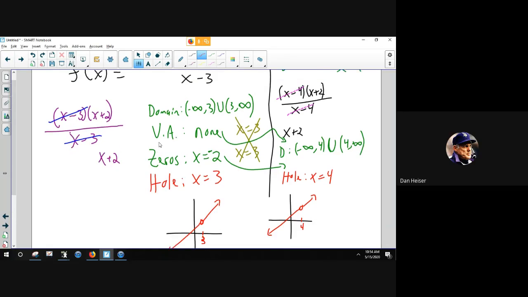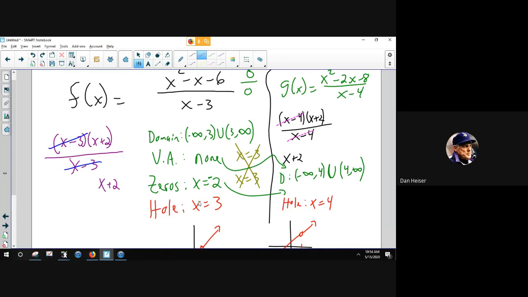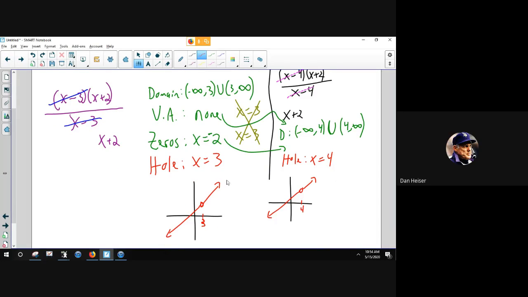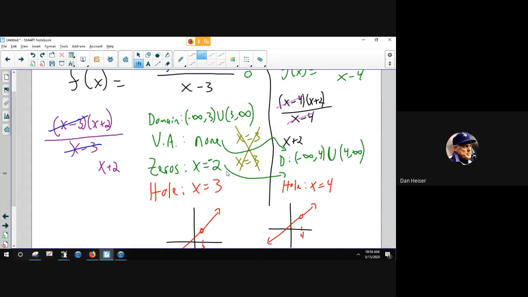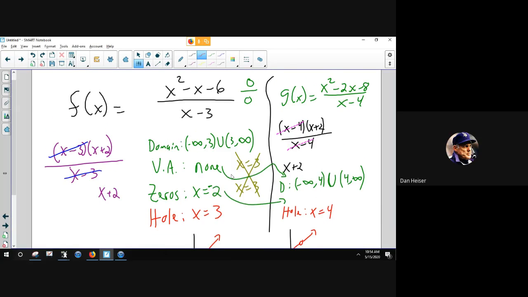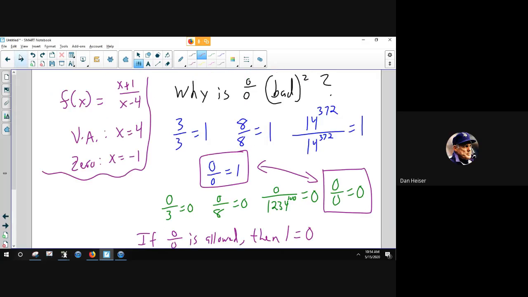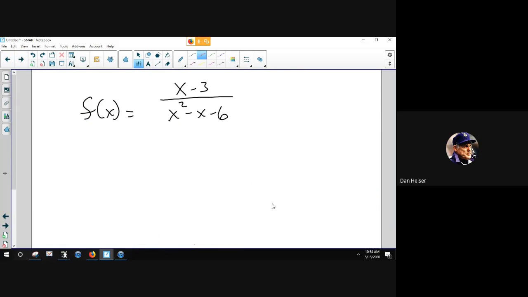Okay. So those are two examples of where we have a discontinuity where there's just a hole in the graph. Not an asymptote, but a hole. I have one more example. It's f of x from a little bit before, but now I flipped it.